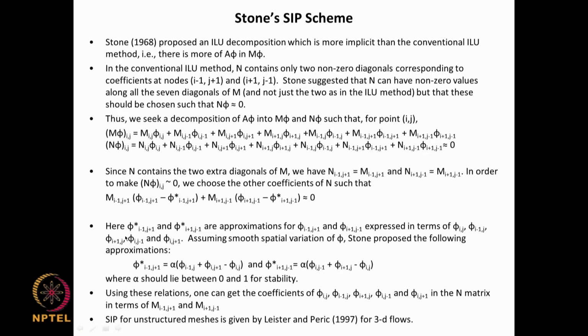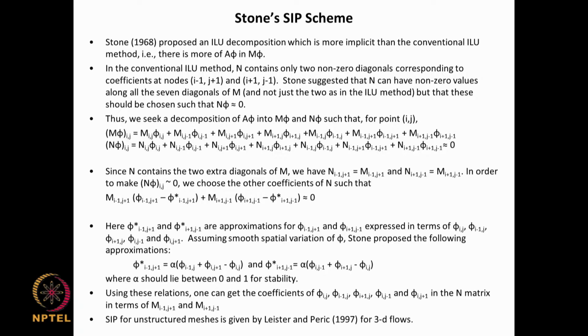So that is what we are effectively saying here. So now the idea is, what are these values of phi star? These are estimated values of phi at i minus 1, j plus 1. So if these estimated values are pretty close to these, then the result is 0, and the fact that we are multiplying by these coefficients of m does not matter. So the idea is to make these estimates close to these things, and this is where Stone assumed smooth variation of phi.